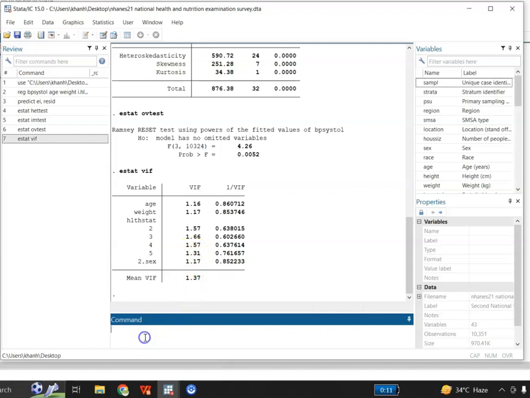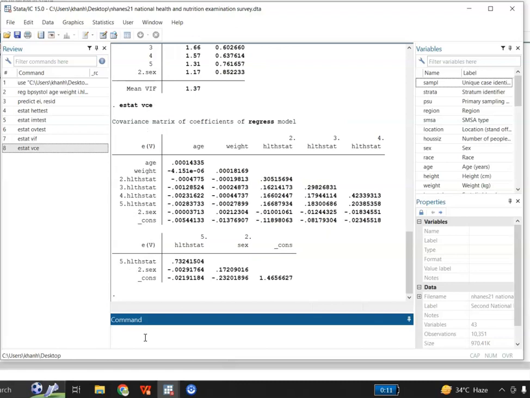I can also estimate the variance covariance matrix of coefficients. So estat vce, variance covariance, and this matrix gives us the variances and covariances of the coefficients of the regression model. Now these values in the principal diagonal are the variances.